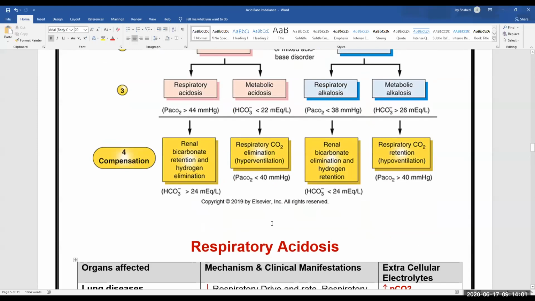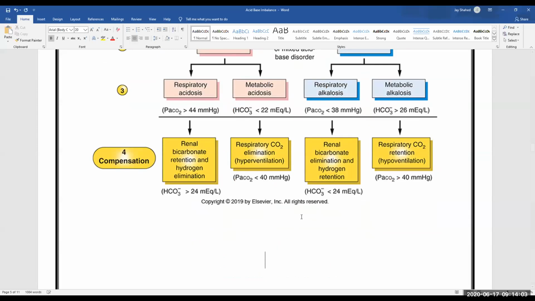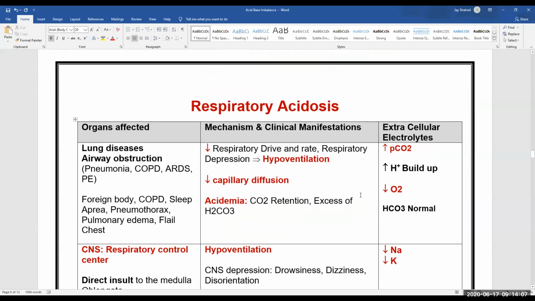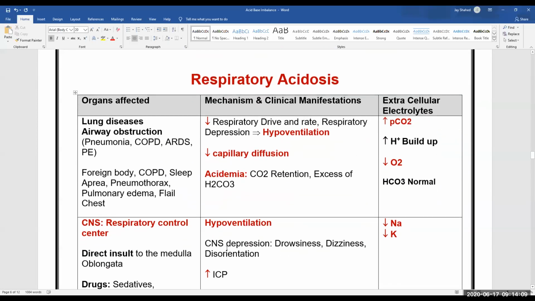All right, so let's look at the respiratory acidosis one by one and look at what some of the things are that are affected by respiratory acidosis.